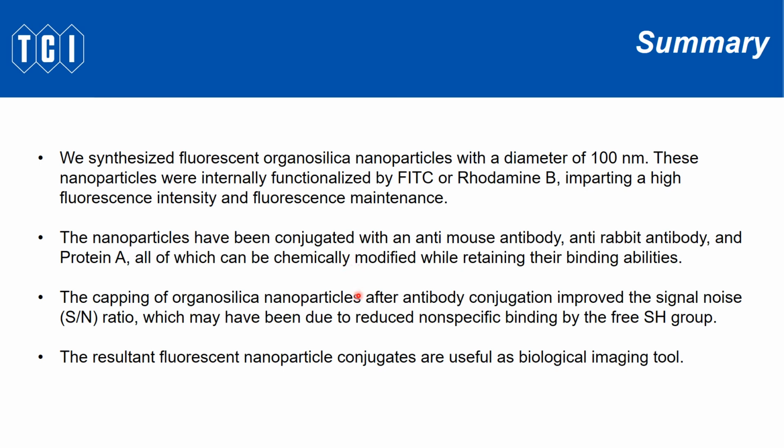The capping of organosilica nanoparticles after antibody conjugation improved the signal-to-noise ratio, which may have been due to reduced nonspecific binding by the free SH group. The resultant fluorescent nanoparticle conjugates are useful as biological imaging tools.